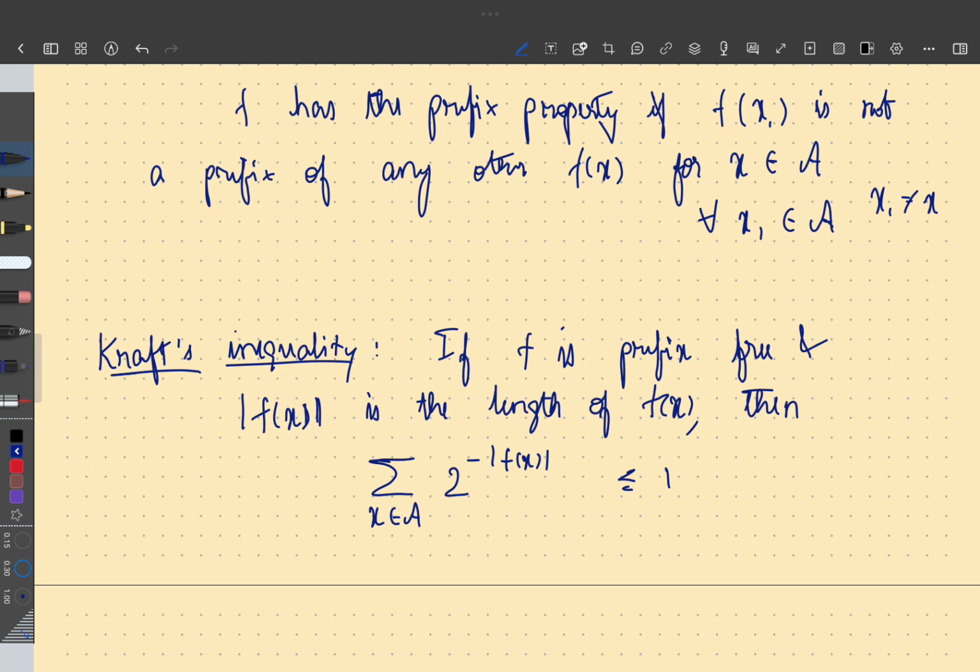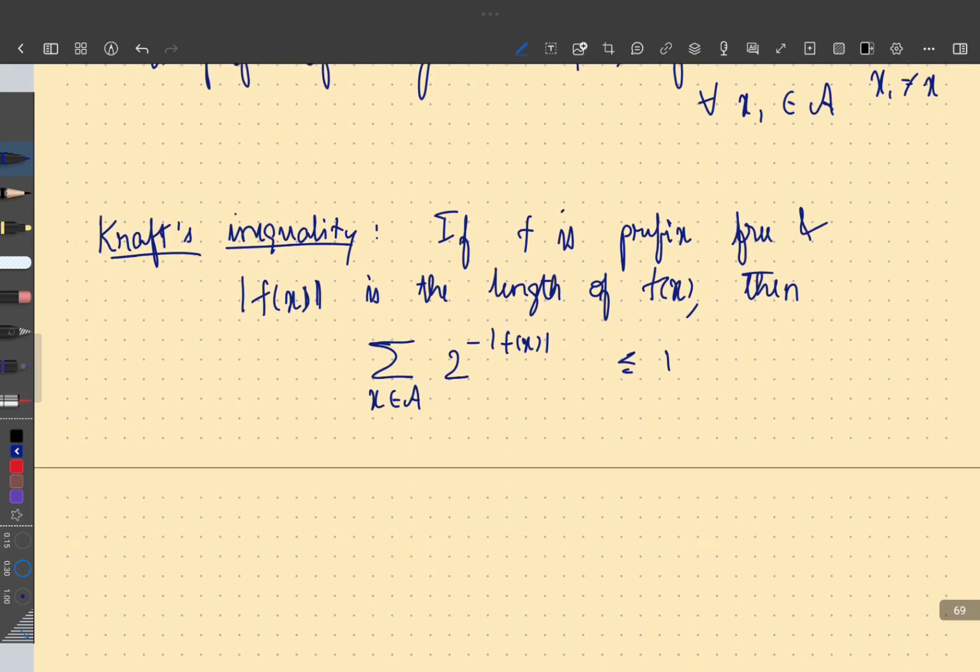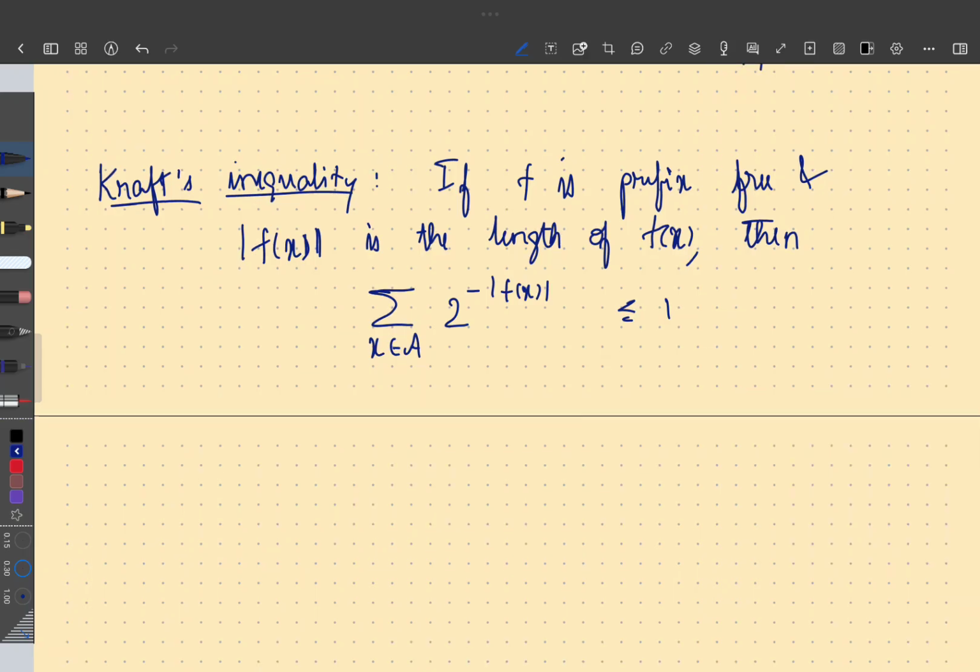Yeah? But you're summing over all x. So you mean to say just the fact that f of x has length greater than 1 is enough to guarantee this?